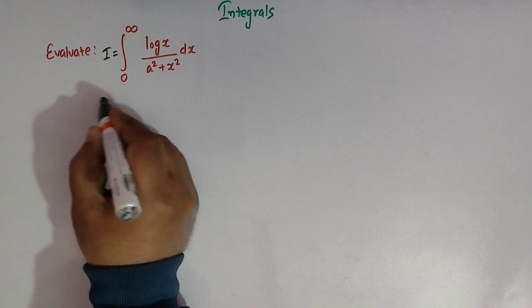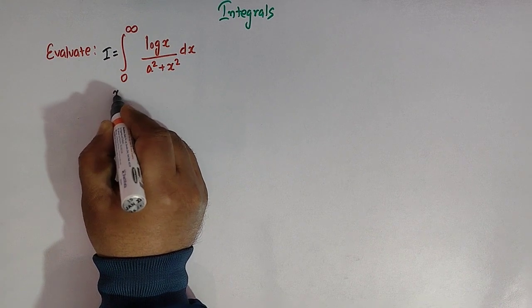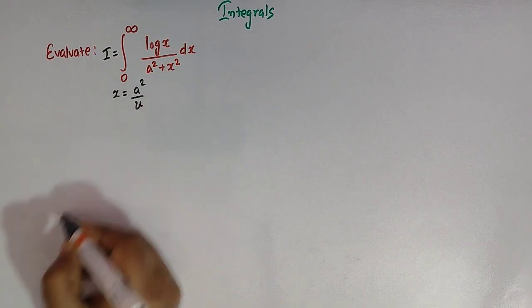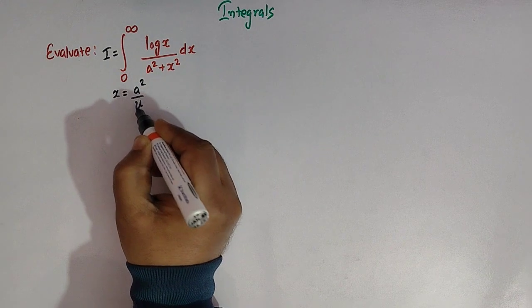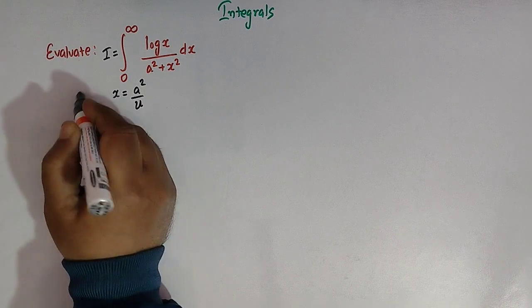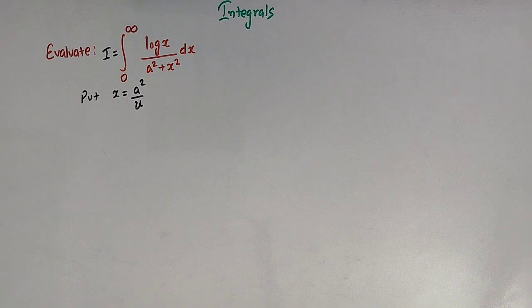Now here we'll make the substitution, that is x is equal to a square over u. So we'll introduce a new variable u, and we'll take x is equal to a square over u.